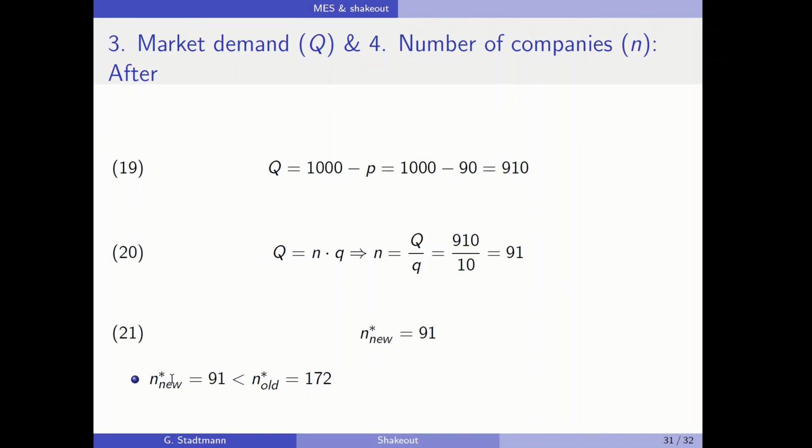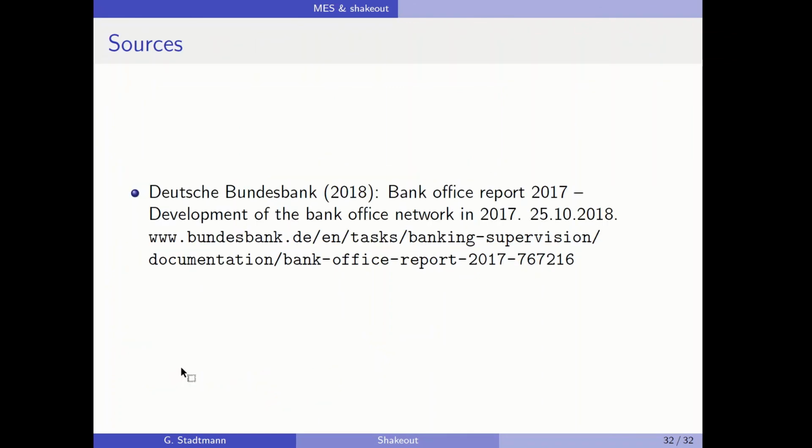Hence, we are able to explain by this theory why it might be the case that the number of firms in the German banking sector reduced over time. It might be the case that there is an innovation which influences the cost structure, which leads to higher fixed costs but lower variable costs, and then the number of firms in this market will decrease.